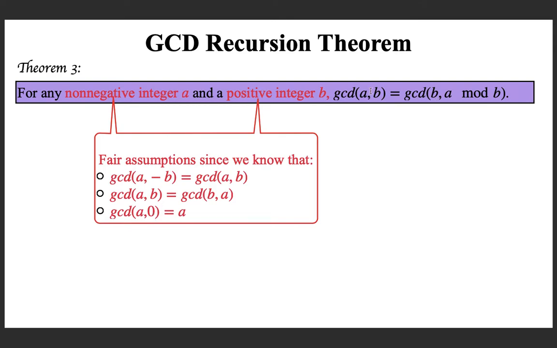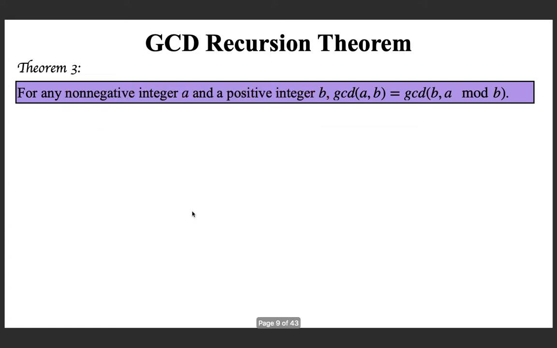So we are not going to worry about the case when B is 0, because then it is directly defined as A. We are going to prove this theorem for these restricted values of A and B, which is actually not restricting anything.